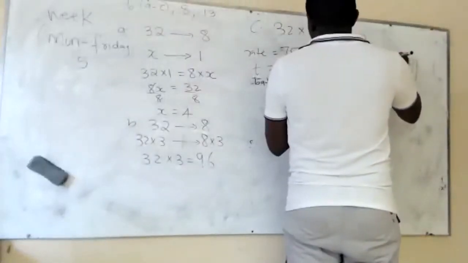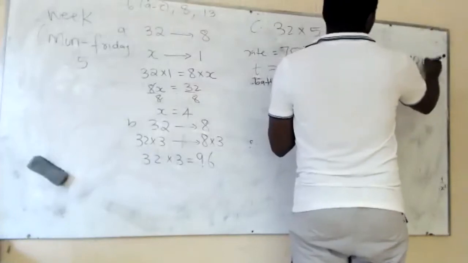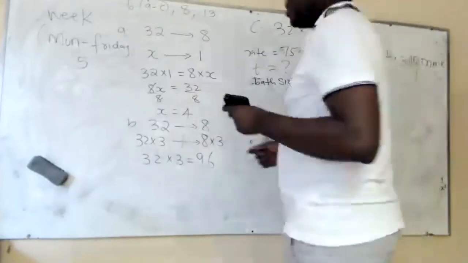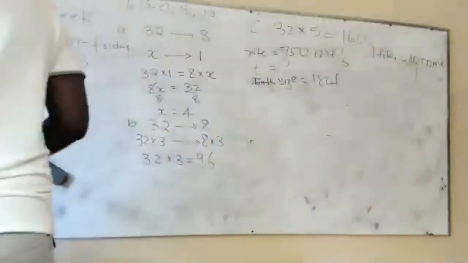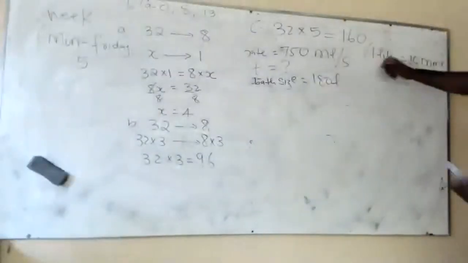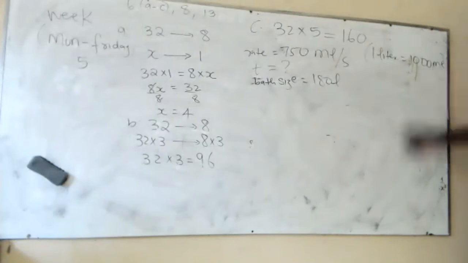So 1 liter is equal to 1000 milliliters. I believe you remember the conversion. I've done a lot of conversions with you last year. So 1 liter is equal to 1000 milliliters.